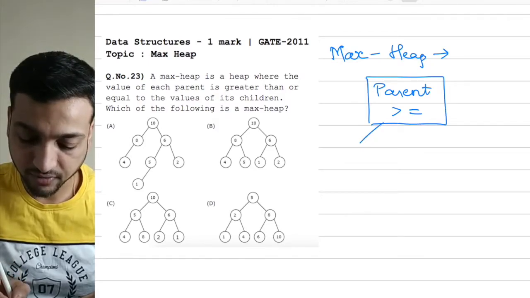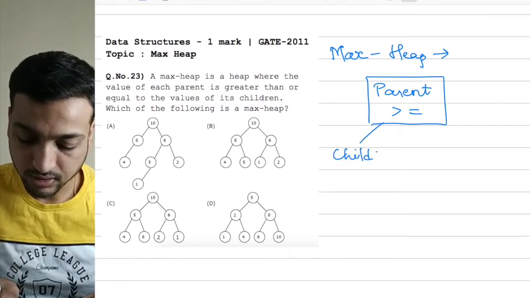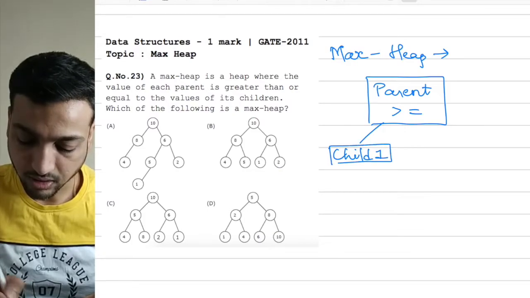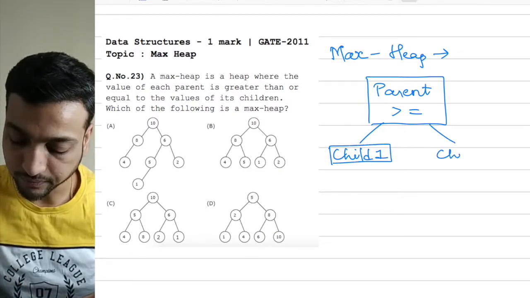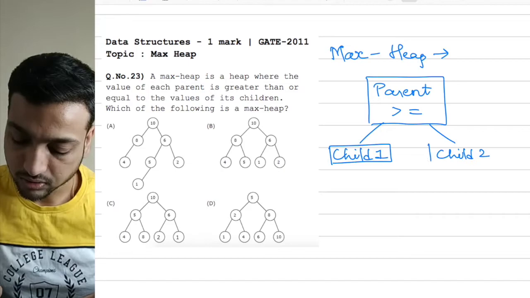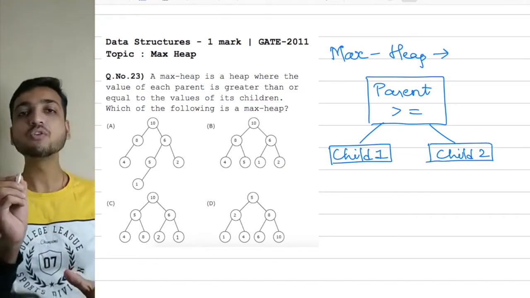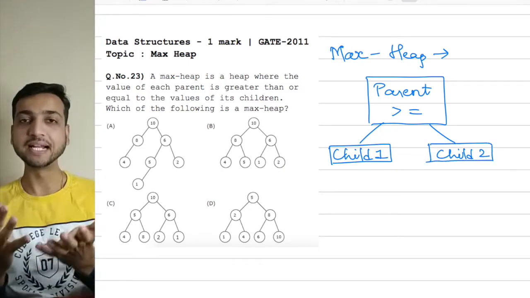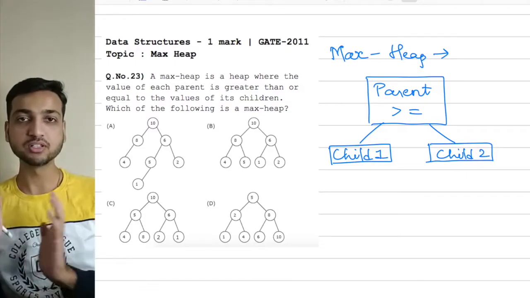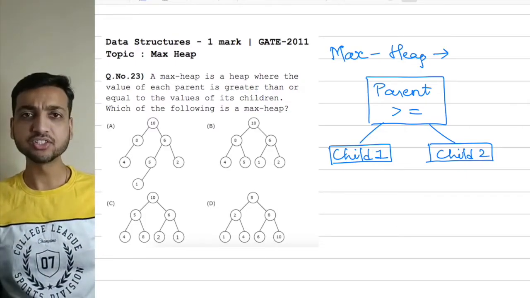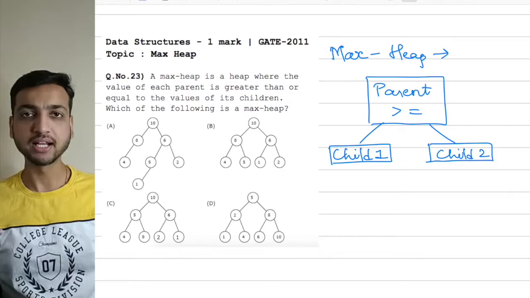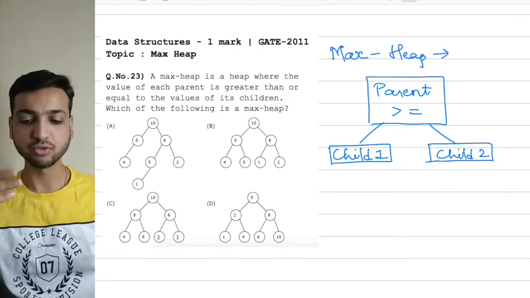So it might have a child 1 here, and it might have a child 2 here. These are the two children, and the value of the parent node is going to be greater than or equal to both of its children. So using this definition, let's see one by one every option and see whether it fits this definition or not.